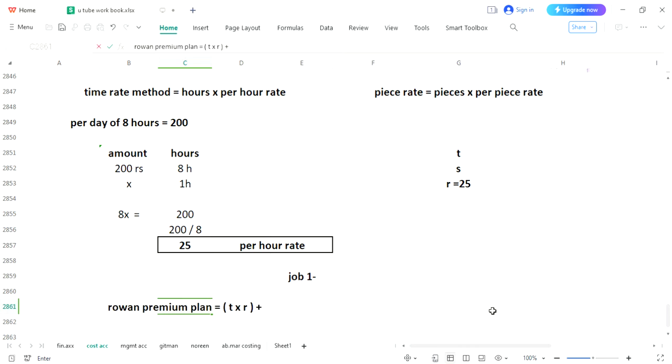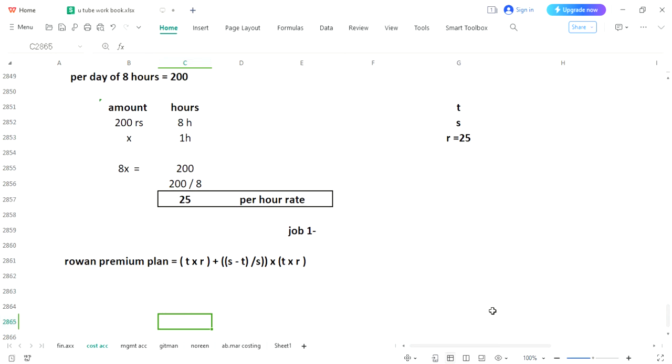Then we add again two brackets: standard time minus time taken, bracket closed, divided by standard time, again bracket closed, and then you multiply, bracket open, small t multiplied by r. Alright guys, this is your Rowan premium plan, and luckily everything is present in our question.